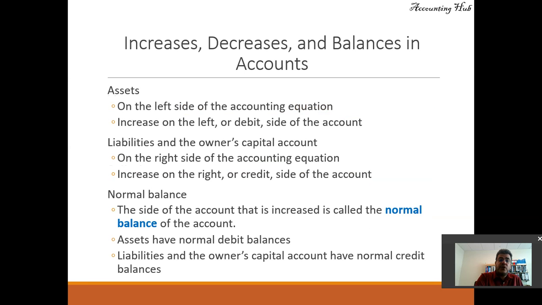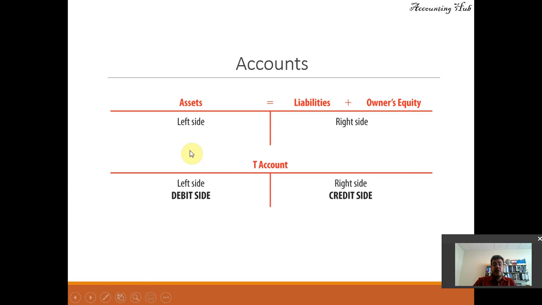And what do we do? Increases, decreases, and balance, and so on. In accounting, remember that, we never record negative numbers. So if we don't record negative numbers, how do we decrease an account? With debits and credits.